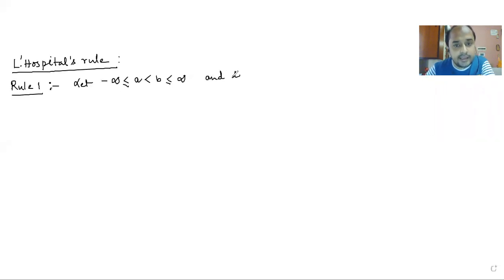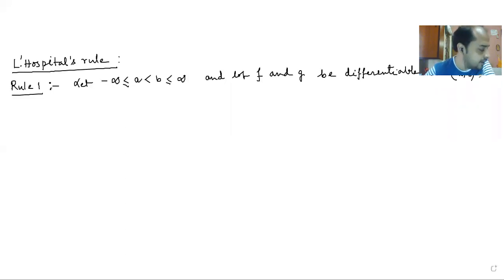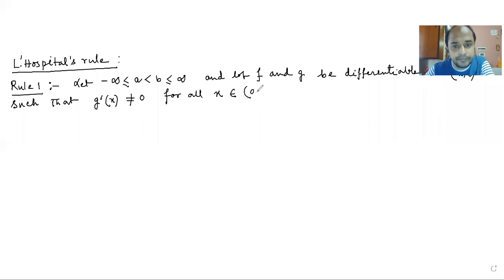and let f and g be differentiable on the open interval AB, such that g dash x is not equal to 0 for all x belonging to the open interval AB.